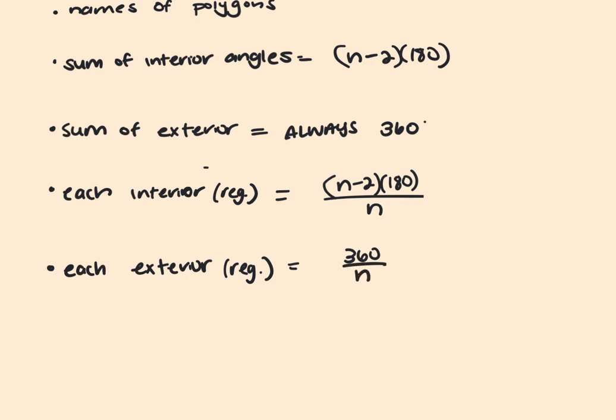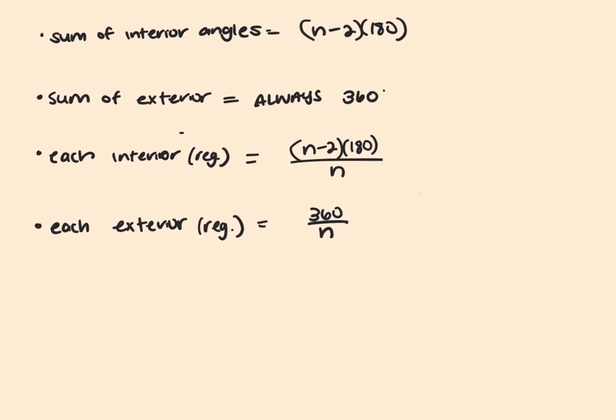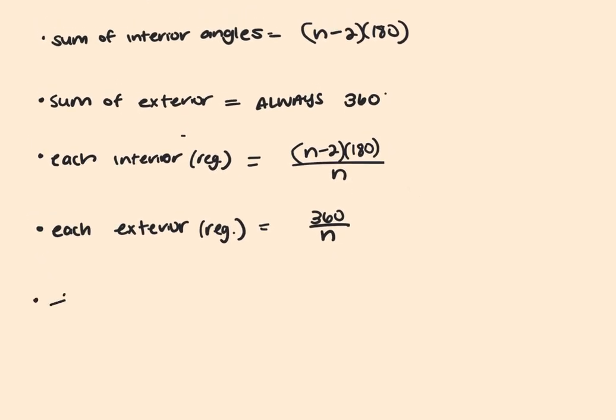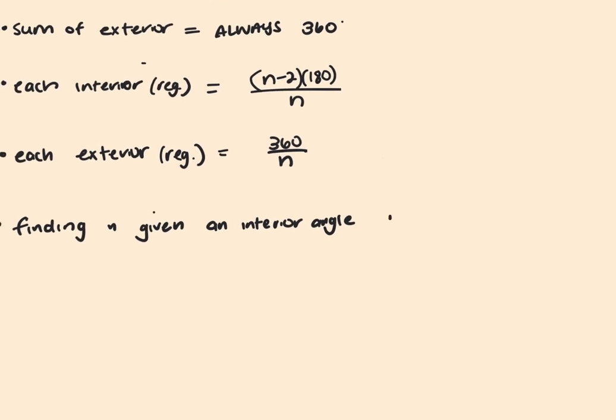And then the variation on that was finding n given one interior angle. For that, you would set whatever value they give you equal to n minus 2 times 180 over n, and then you'd solve for n.